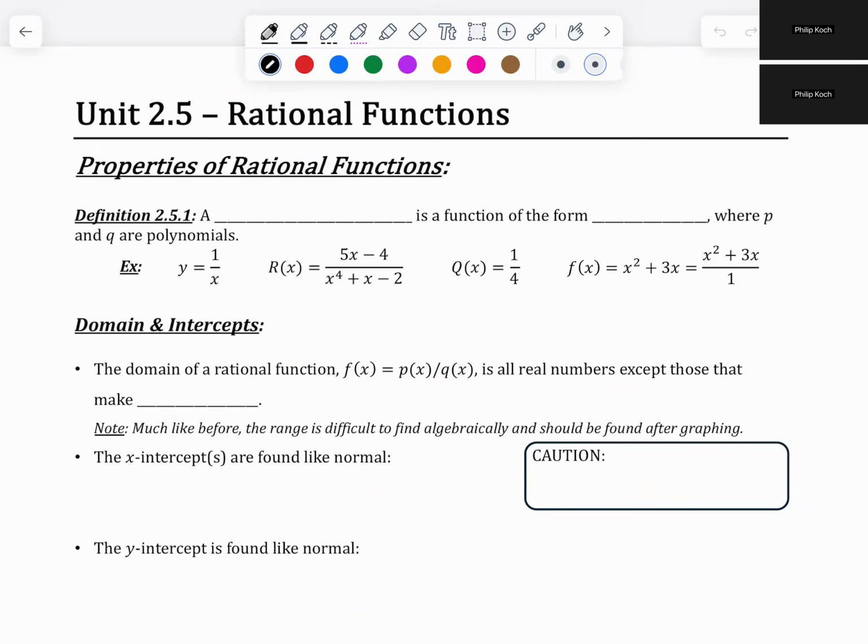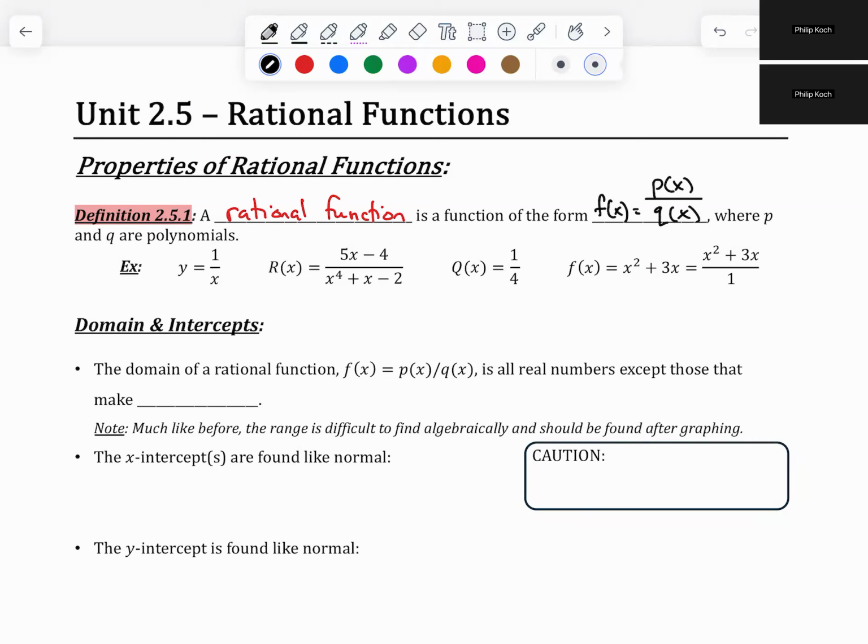So what is a rational function? Well, a rational function is, of course, a function of the form f of x equals p of x over q of x, where p and q are polynomials.